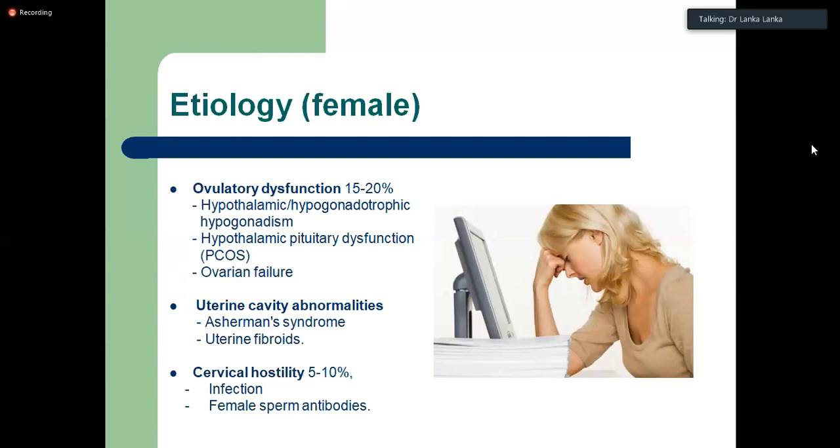And then uterine fibroids. As I mentioned, like endometriosis, fibroids have a controversial effect on subfertility. Basically, we know that any fibroid which distorts the endometrial surface is the main culprit causing subfertility.